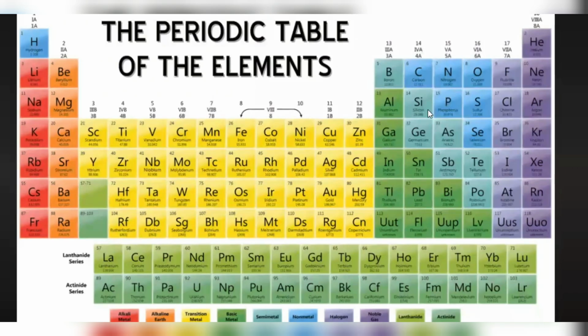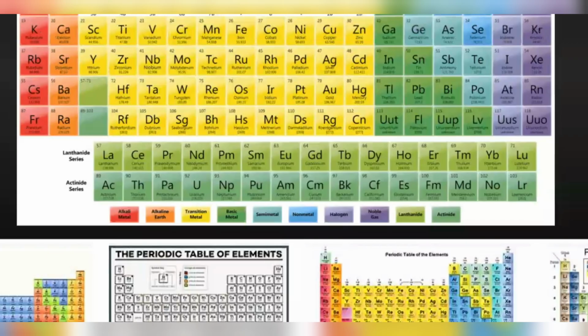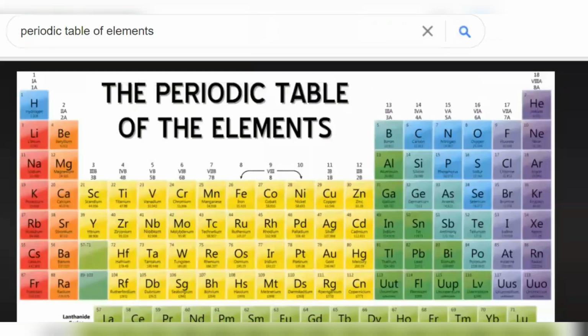Silicon is also a solid, phosphorus can be a solid too, sulfur can be a solid, and chlorine is a gas, and argon is a gas. So you can clearly see that you're moving from solid to gas. There's no liquid in this group, so it's just solid to gas.